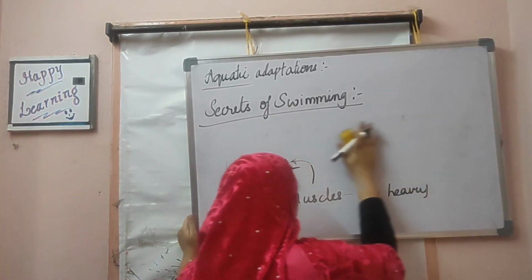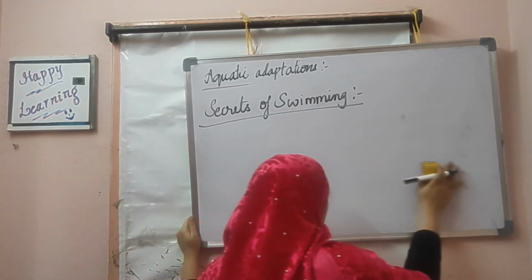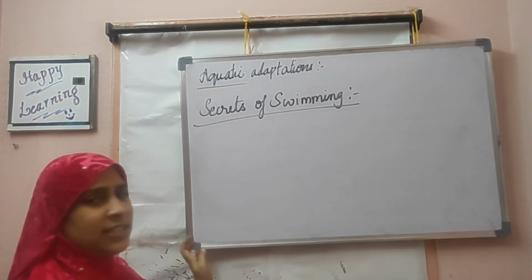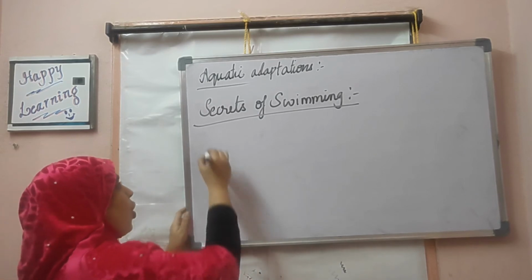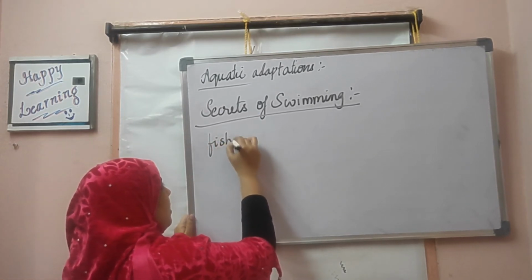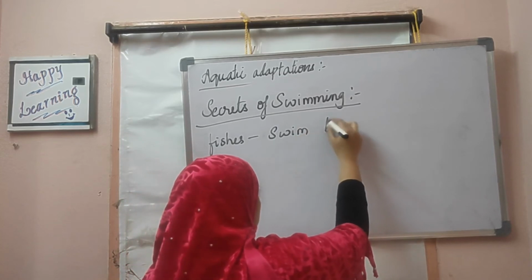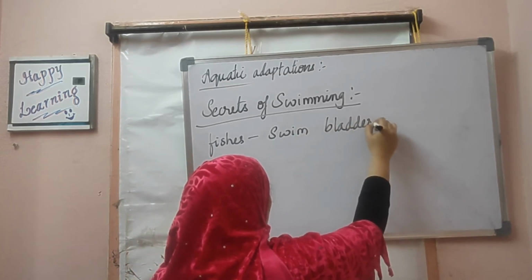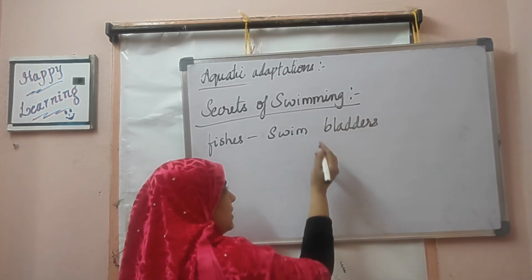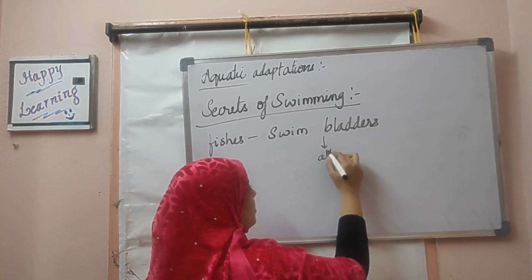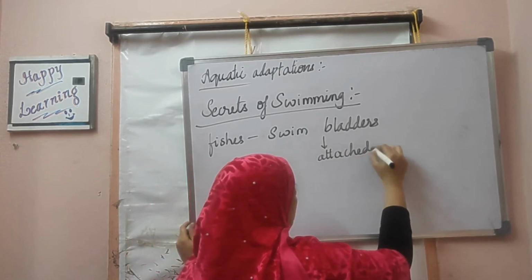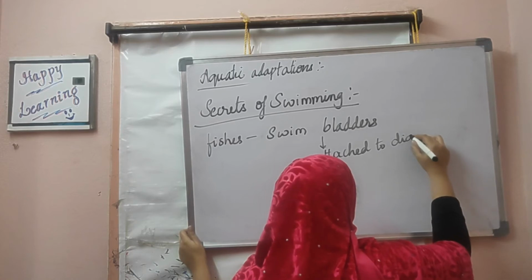If you see the fishes, the same thing happens, but instead of lungs they have another structure called swim bladders. Swim bladders are not like lungs. They are a part that is attached to the digestive system.